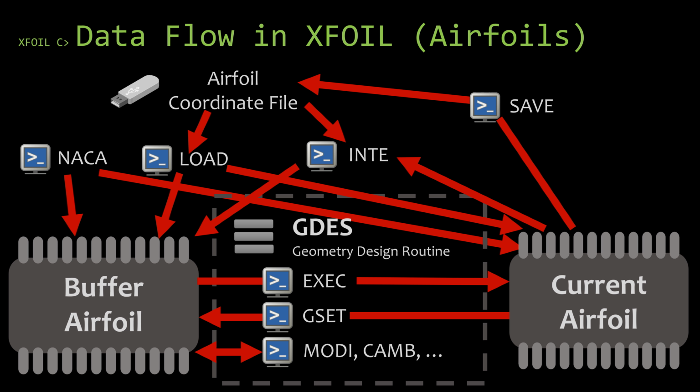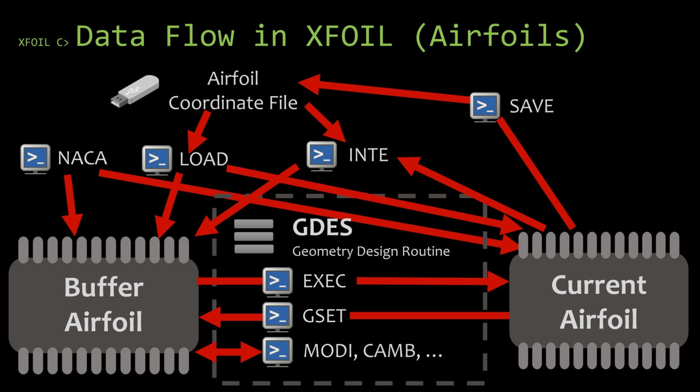And the INTE command you see there is the interpolate. In an earlier video, I mentioned how you can create a new airfoil by blending different airfoils, and that's kind of what that command is for.